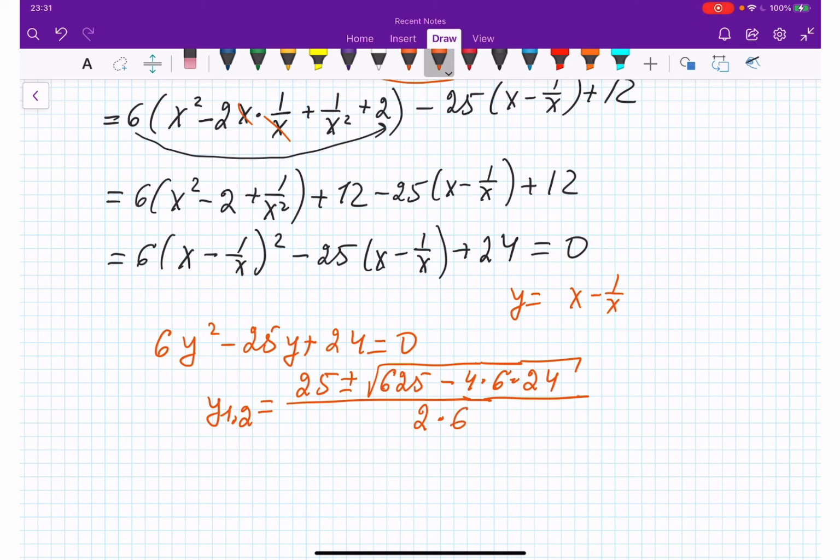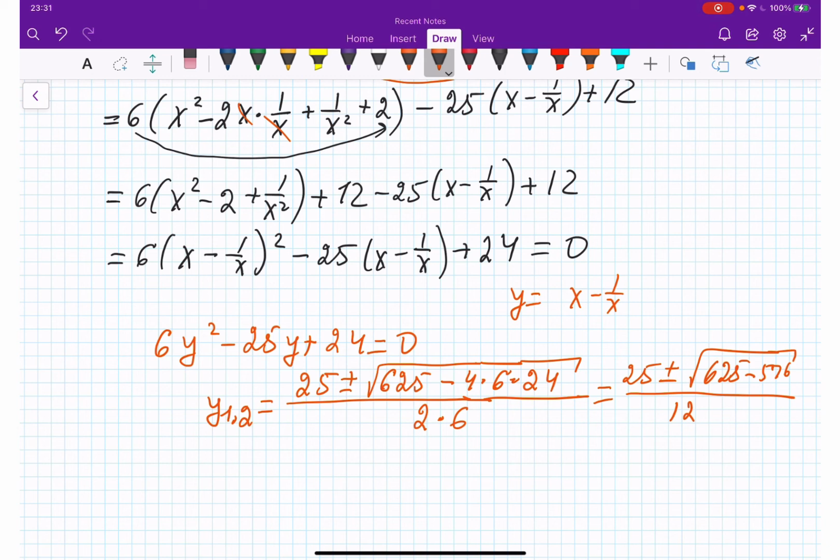So, and as a result, we are going to get 25 plus minus the square root of 625 minus, let me see, 4 times 6 is 24 and times 24, that is 576, over 12.